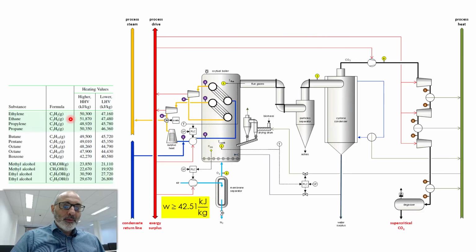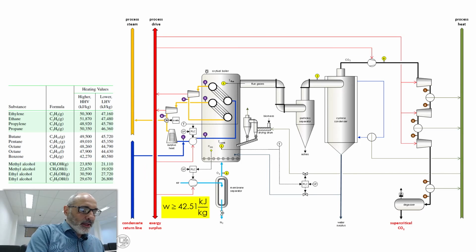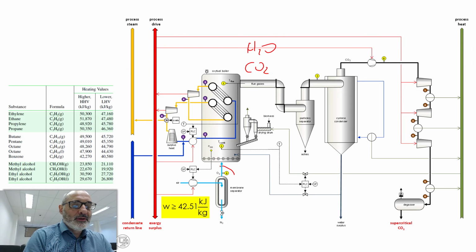I'm going to talk about this diagram, because I already explained it for you. We have flue gases here, which are actually, let me get my pen, CO2, O2, and H2O here, because it's an oxy-fuel process.